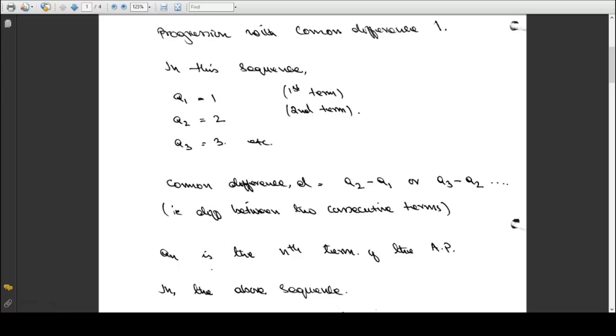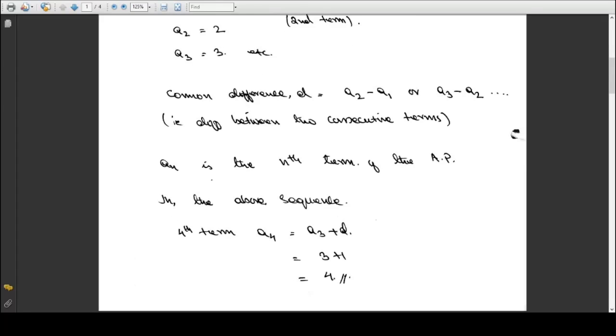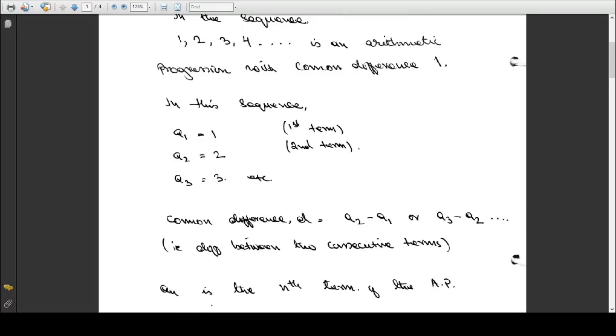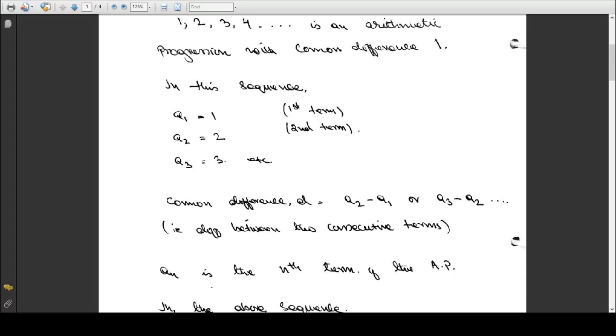If I write an, it means the nth term of the arithmetic progression. Now suppose we want to find the next term in the given sequence, where the first term is 1, second is 2, third is 3, fourth is 4. What should be the next term?